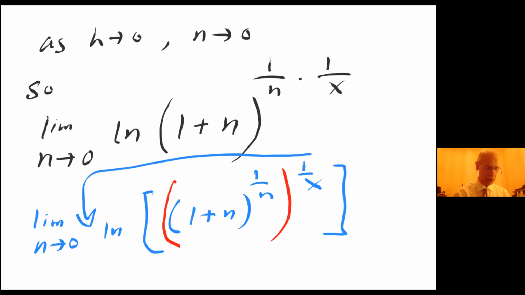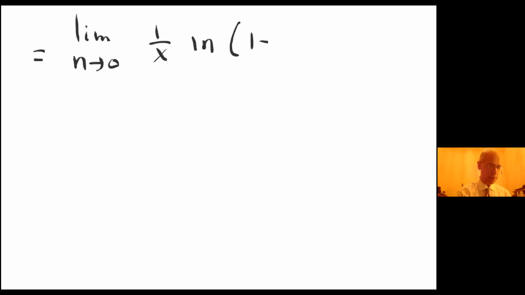Now this equals the limit as n approaches 0 of 1 over x, natural log of 1 plus n to the power of 1 over n. And I can take this totally out: the limit of a log is the log of the limit.